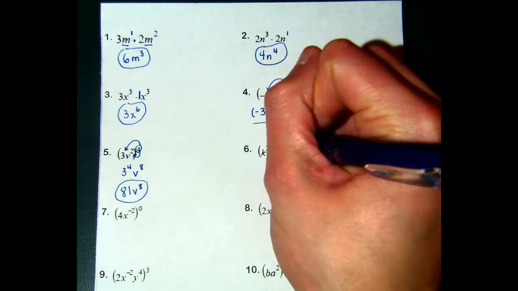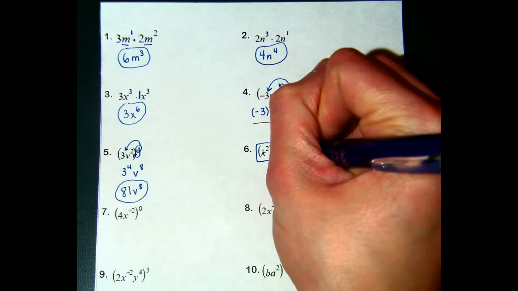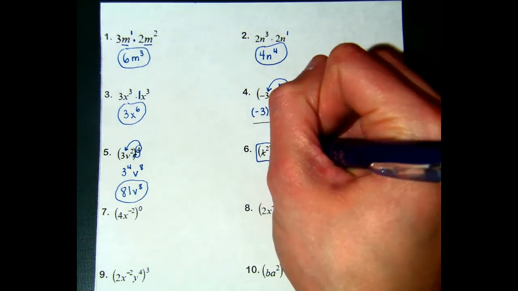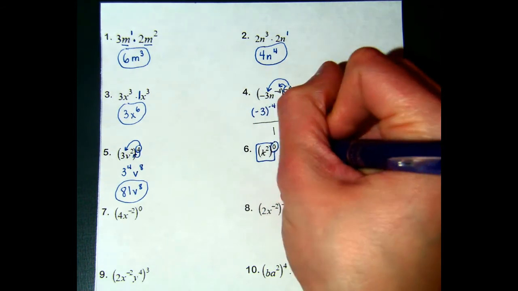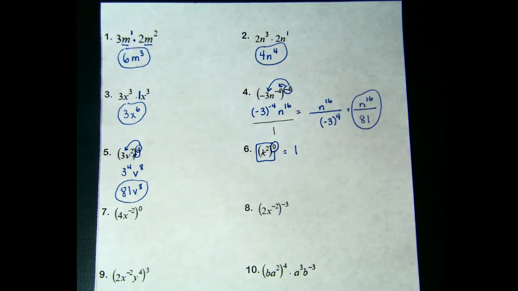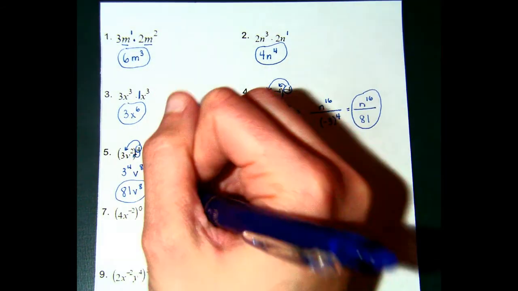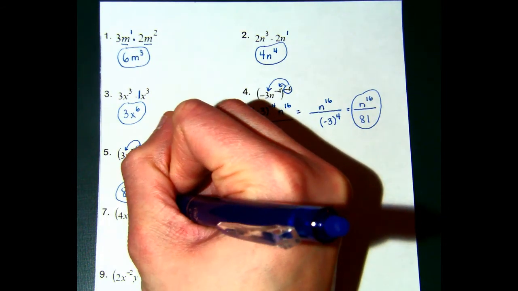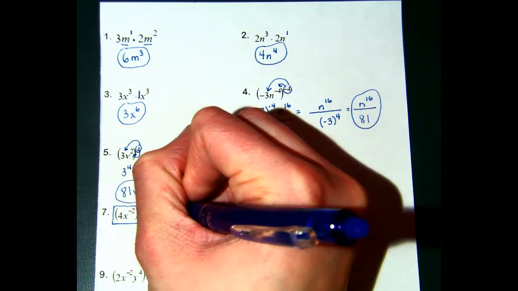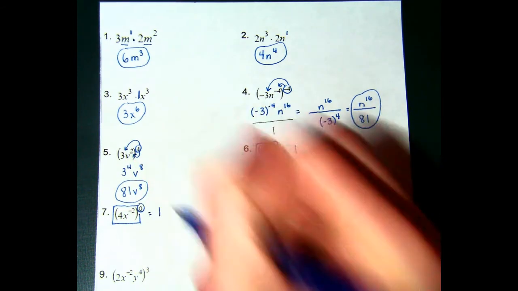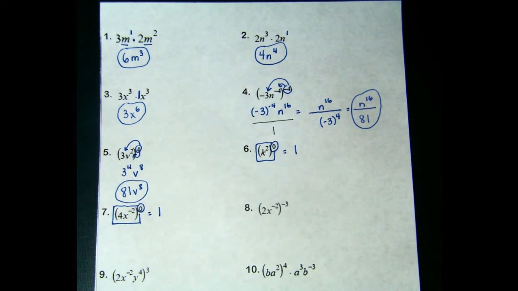Here's a 0, which is directly tied to this entire thing. Since the 0 is with the whole thing in parentheses, this entire piece is 1. Again, number 7. 0 is directly the exponent for the entire piece there. So it is also 1. Saves you some time.